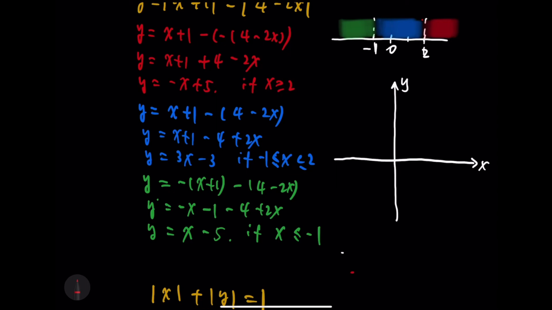For negative x plus 5, the y-intercept is going to be 5, and the x-intercept is going to be 5. Let's say 1, 2, 3, 4, 5, and then 1, 2, 3, 4, 5. So from here to here. But I'm not going to draw the whole line, because we have x bigger than or equal to 2. So this is 2. And when x equals 2, y is equal to 3 here. So this is the one.